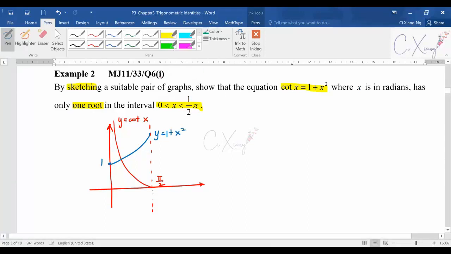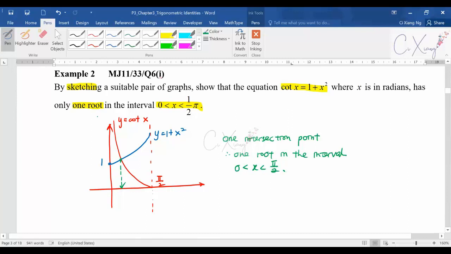So your answer should look something like this. Then you should tell them that there's one intersection point can be seen, and therefore there's one root in the interval. Alright, so this is how we do it.